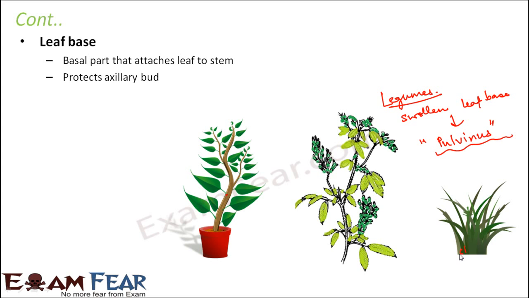So if you go deep down to the base from where the leaves are getting originated, you will see that it forms a sheath-like structure. So here, in case of grass, you have sheath-like leaf base. So the structure of the leaf base again differs from one type of plant to another type of plants.